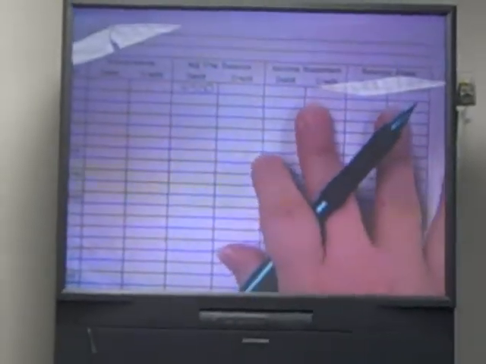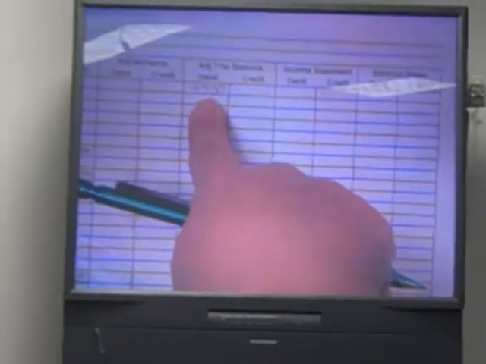So where on these two sets of columns will that $4,500 go? In the balance sheet. In the balance sheet on the debit. Instead of writing $4,500 and having to total all of that stuff, you put a check mark there. Okay? So these columns will have check marks where balances should go. Does that make sense? Okay.